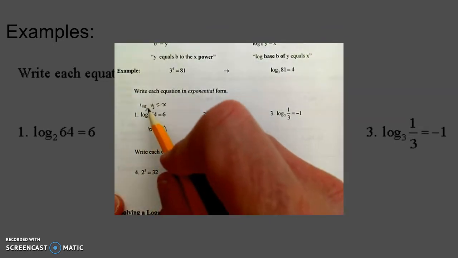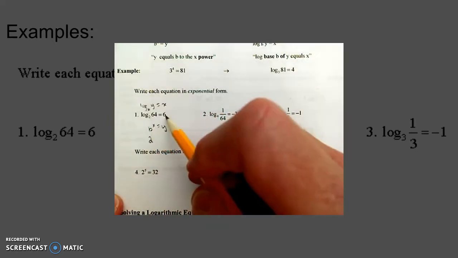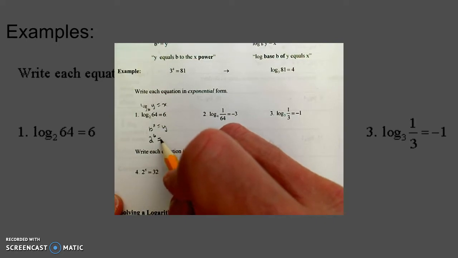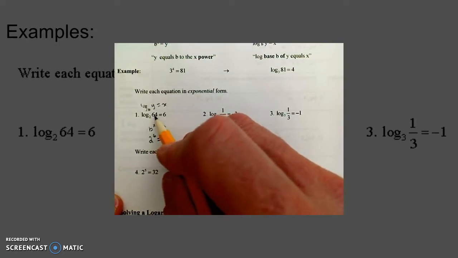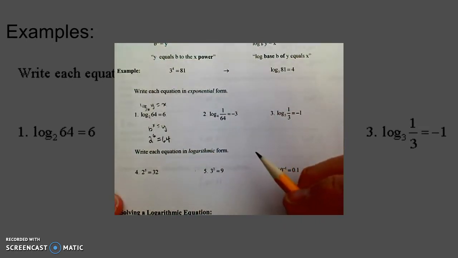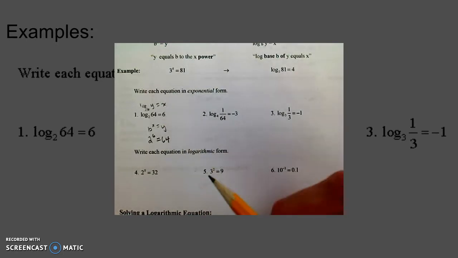So the b is the base, 2, x, well that's the log. That's going to be our exponent. And then y is the value. So the expression log base 2 of 64 equals 6 is equivalent to the expression 2 to the 6th equals 64.